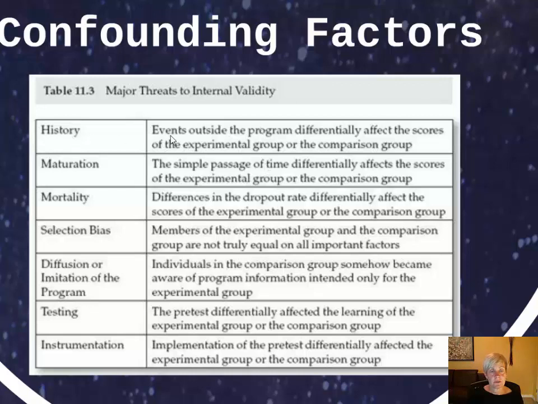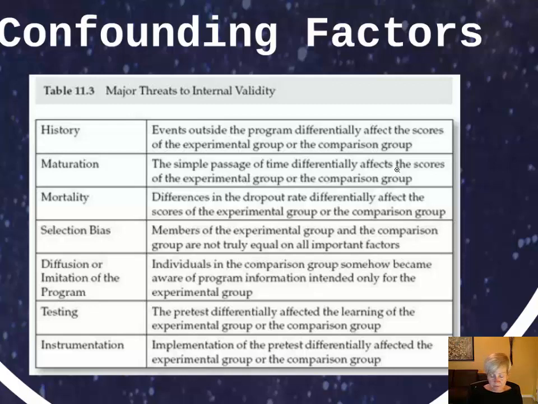So you may have a problem with history. Events outside of the program differentially affect the scores of the experimental group or the comparison group. So say, for example, you had a program and you implemented this program, got a good one, financial literacy, and you implemented this with 4-H, but you didn't realize that they were also getting this in public school. You didn't realize that this was a required course.